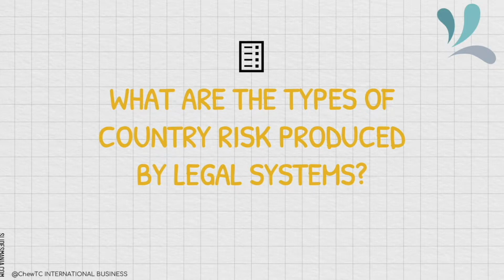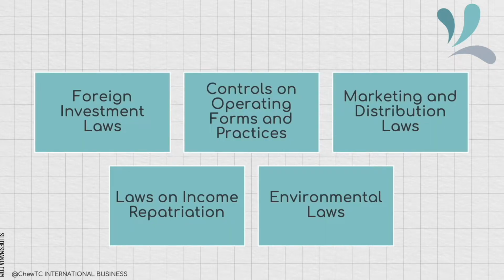Why? Because they want to protect their domestic business over foreign companies. This is to give an advantage to the local companies. Anyway, there are 5 types of risk produced by legal system as shown in this slide. We are going to discuss each of them.